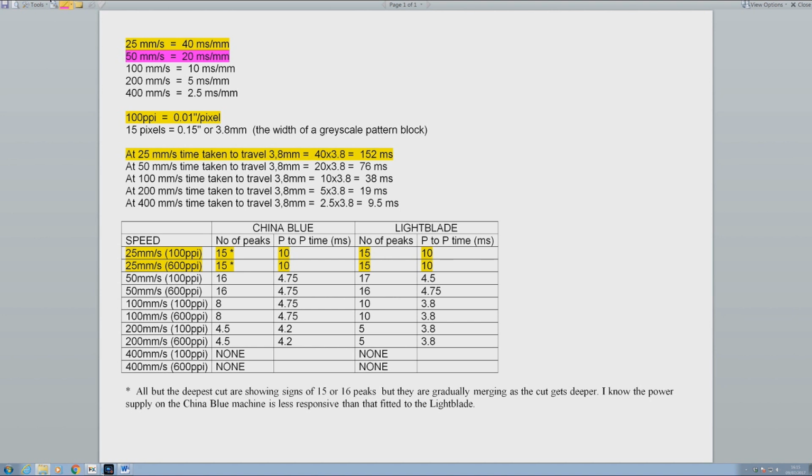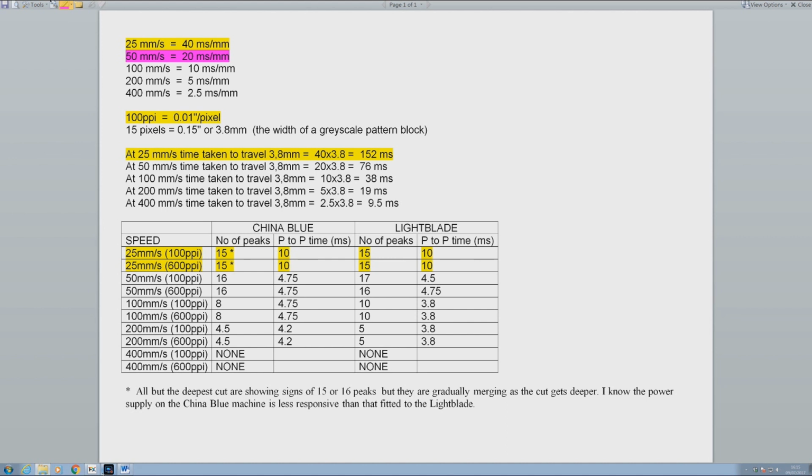Now let's just put that in perspective with the 25mm 100 pixels per inch and the 50mm 100 pixels per inch. At 50mm 100 pixels per inch, we get again 5 milliseconds. It's happy to produce me that same pattern, and I can get a pattern which is even better at 25mm a second, which is even slower. So there's plenty of time for the pattern to be resolved.